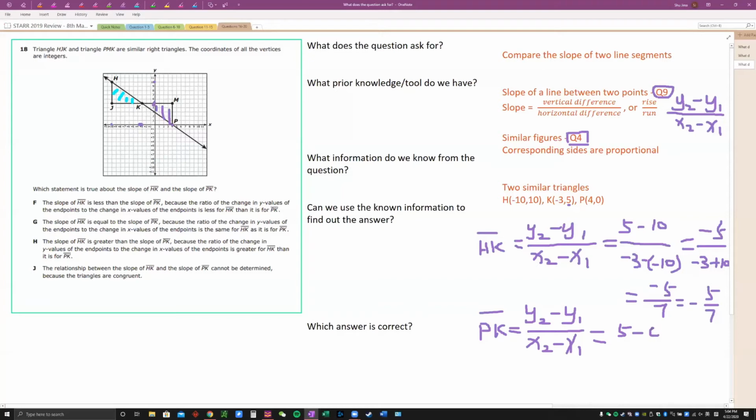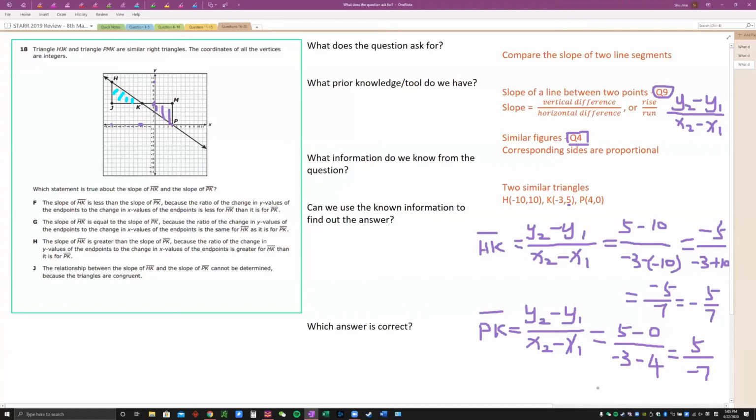So 5 minus 0. And down below, the x of point K, because K is the second point in this line, so x2 is -3, minus the x of point P, which is 4. So -3 minus 4. On the top, 5 minus 0 is 5. On the bottom, -3 minus 4 is -7. So the overall result will be minus 5/7.